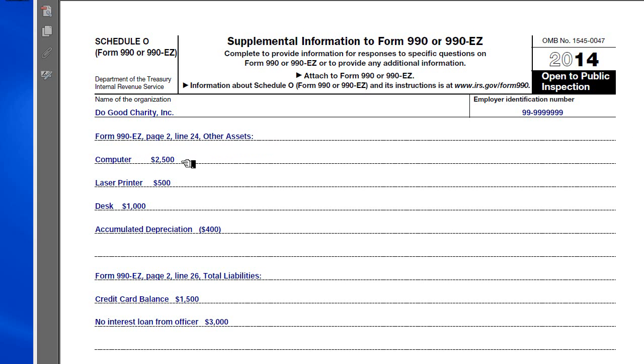There's our computer for $2,500, the laser printer for $500, the desk that we bought for $1,000, and then here's a notation of our accumulated depreciation. Okay, and if you add all these up together, they would come to the $3,600, which would match what's on the balance sheet for other assets. Also, here's our explanation for other liabilities, our credit card balance, and our no interest loan from the officer of $3,000, and this would match line 26, page 2, Form 990EZ.